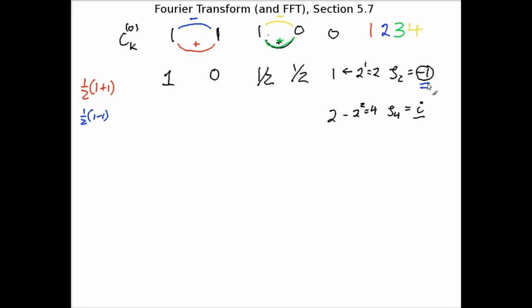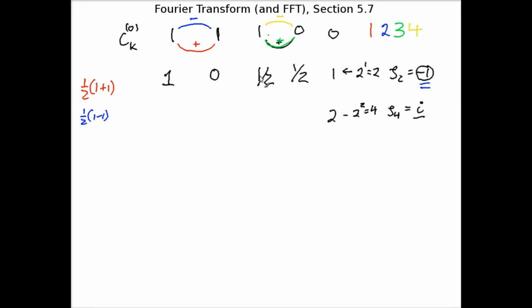Okay, now the next step, what we're going to do is we're going to be using powers of i, and the order that you do things is different. This was the first step, and I was adding and subtracting things which were 1 step apart.